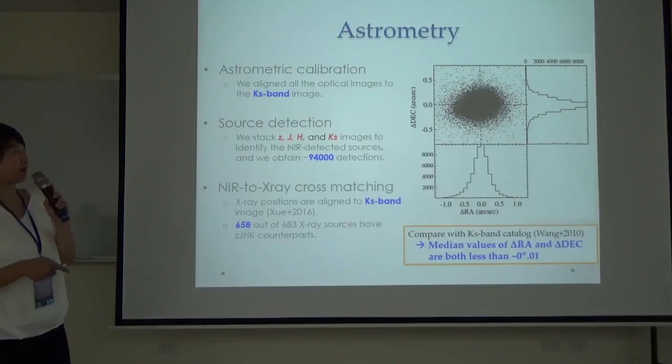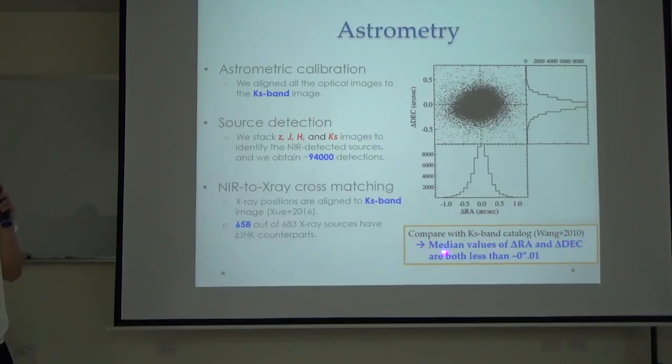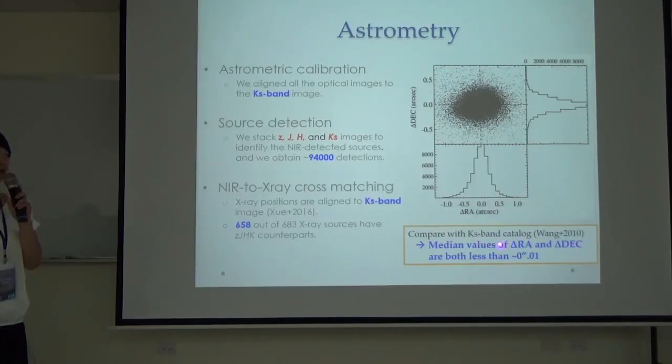We also compared the position of our ZJHK detections with the K-band catalog from 2010, and we found that the median values of delta RA and delta DEC are quite small.